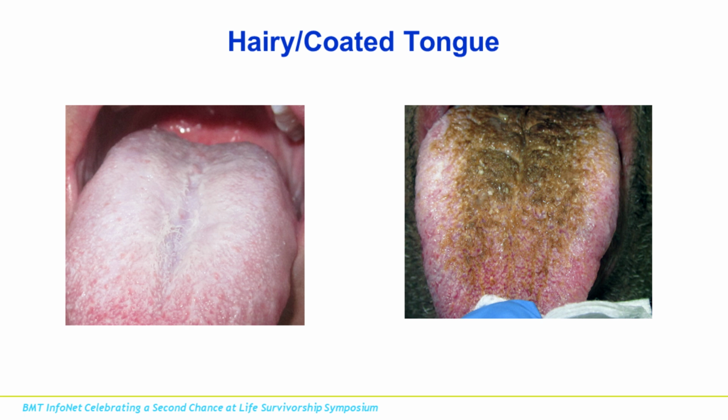The reason is dry mouth, because our saliva keeps our mucosa healthy and cleaned up. When you have a dry mouth and some altered microbial flora, which I talked about earlier, that irritates the top of the tongue and makes the filiform papillae grow a little higher and then get coated by bacteria, and that's what looks white.